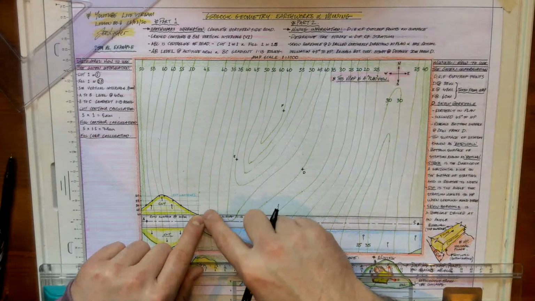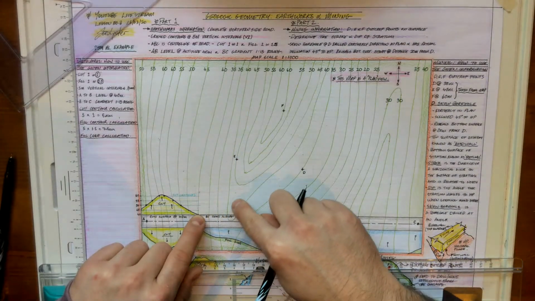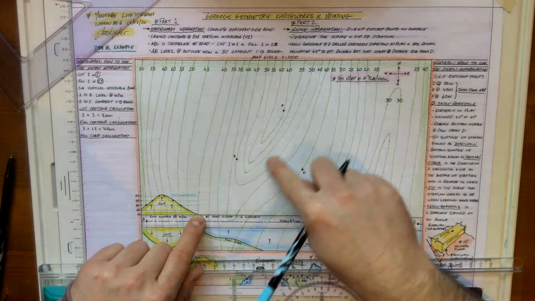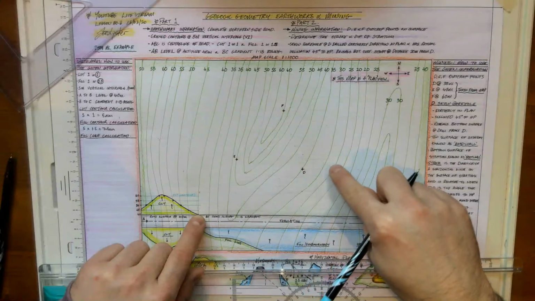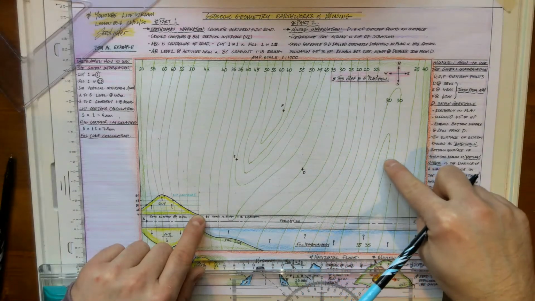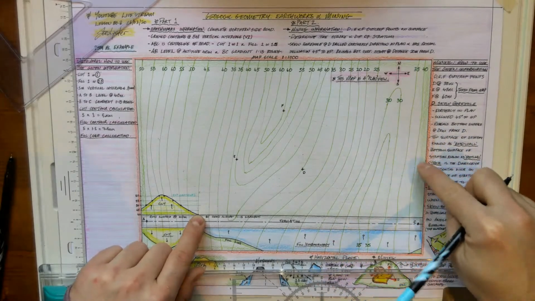So for example, as I look here, I have 40, then I have 35, 35, 40. That's a little bit away, that doesn't bother me. That's 40, 35, 30, 25, 20, 20, 25, 30, 35, 35, 40.